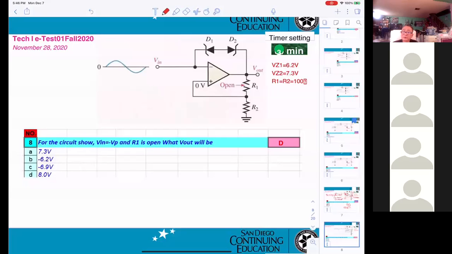Number 8, quick answer. I got D, but you gave us the answer, Mr. Pham. The answer is D, right? Yeah, I also got D. That's where I got a wrong answer. So I will give you the score for this point.